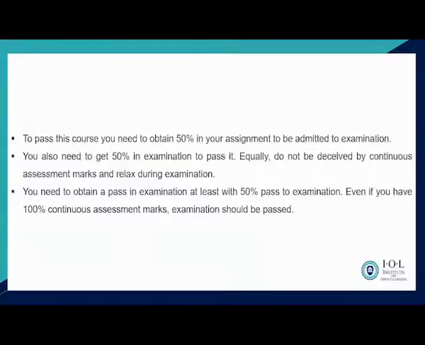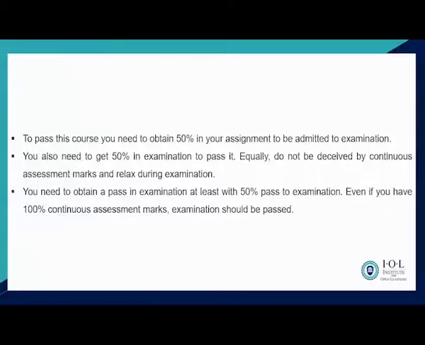To pass this course, you need to obtain 50% in your assignment to be admitted to examination. And you also need to get 50% in examination to pass it. This is where you find that sometimes you have obtained good CA marks, but you did not pass the exam.